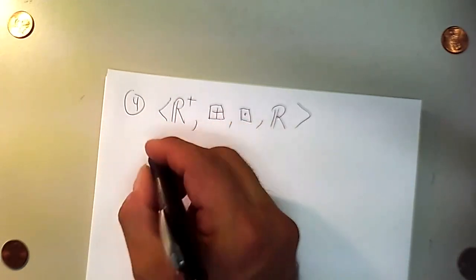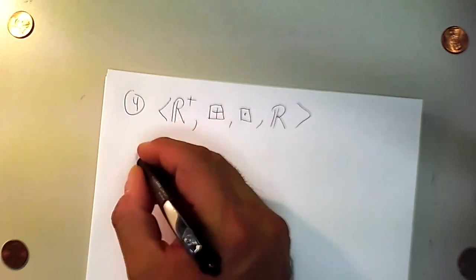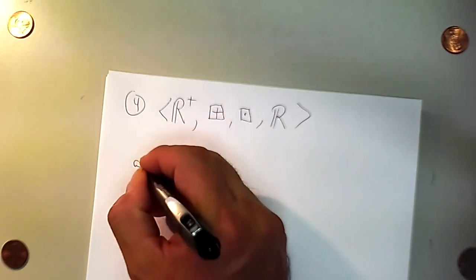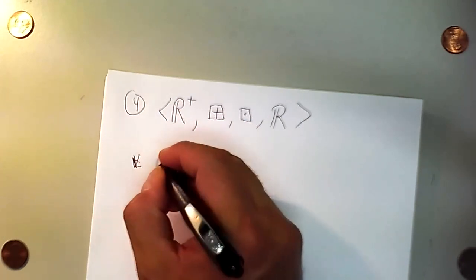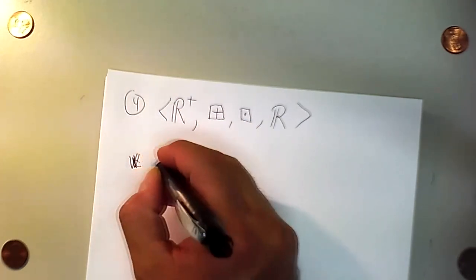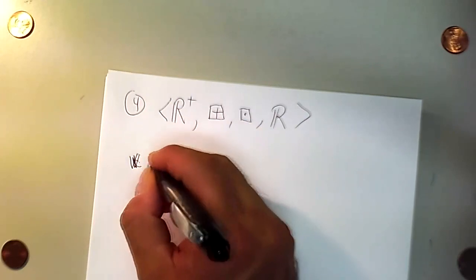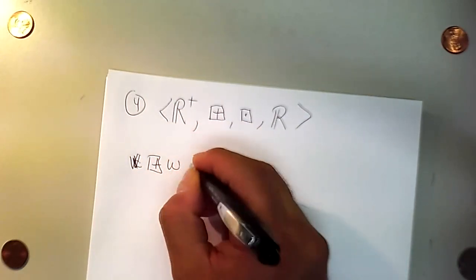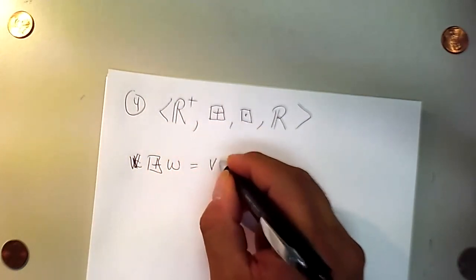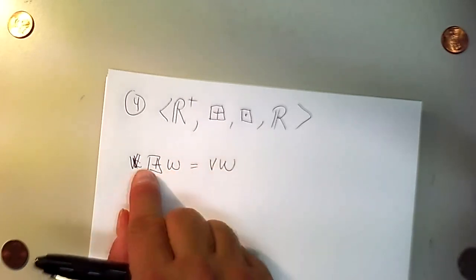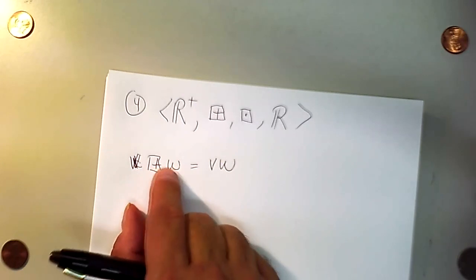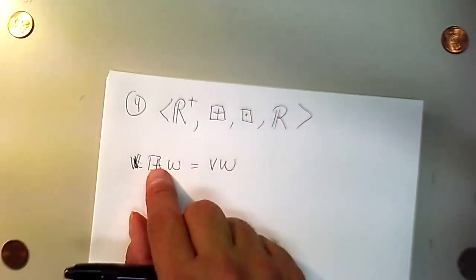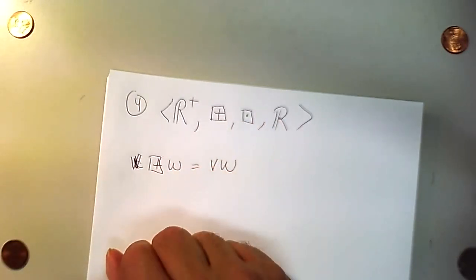So if we define an addition, if you have two positive numbers, let's call them V and W, and we want to add them together, we can just multiply them together. So that is the addition, that's V plus W. So two positive numbers added together can be the product of those two numbers.